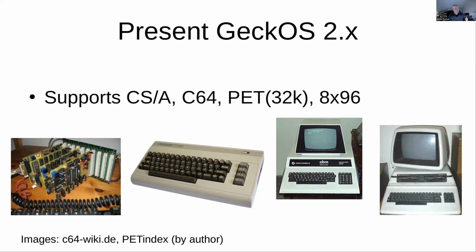But the 8296 Commodore PET, which has 128K of RAM, where you can actually use 96K of RAM in a special banking configuration, is very nice. Unfortunately, the 128 is still missing due to time constraints, but the plan is actually to do that as well and use the relocatable zero page and stack there for task switching.